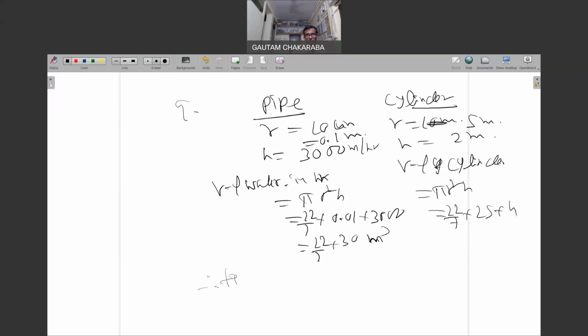So therefore time is 22 by 7 into 25 into 2, volume of cylinder, divided by volume of water flowing in 1 hour, 22 by 7 into 30.